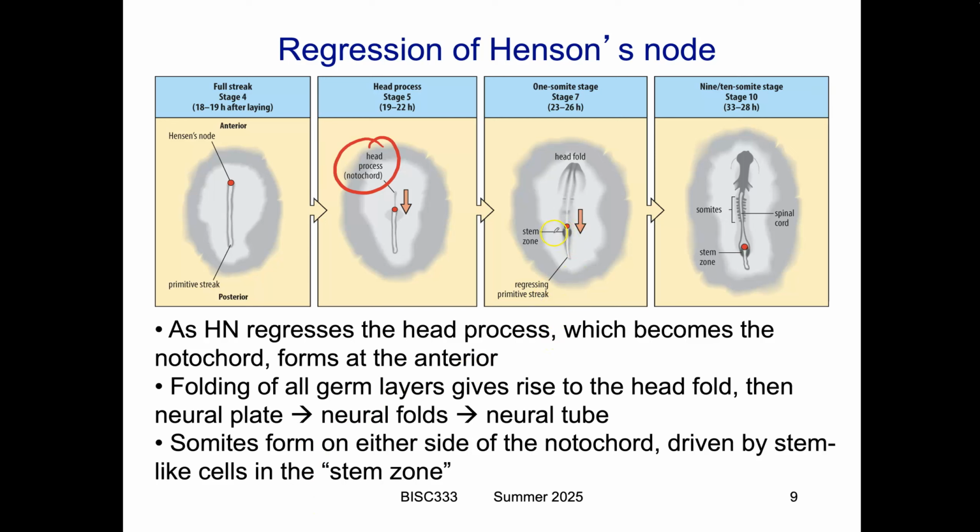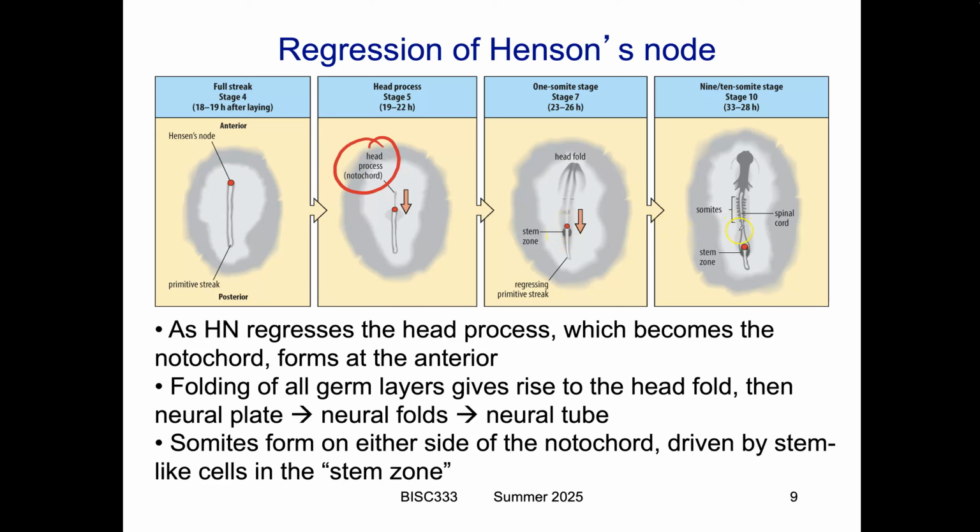And it is cells here. These are stem cell-like cells, and it's called the stem zone. They can only form a subset of structures, and as Hensen's node is moving towards them and then moves past them, that's when the patterning occurs.